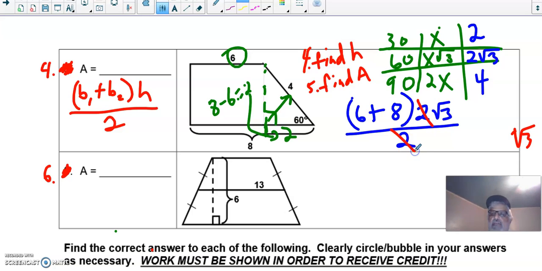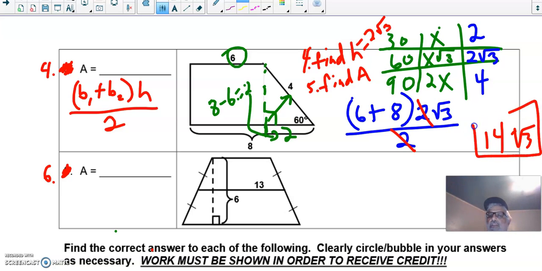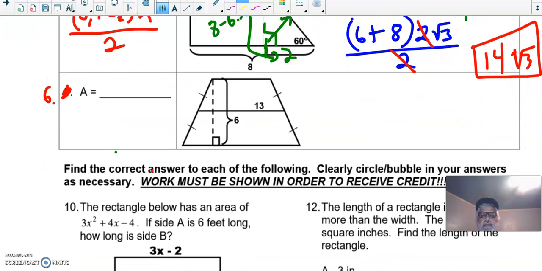My 2's cancel. So I'm left with this 6 plus 8, which happens to be 14. And that's the area. So in number 4, we found h, which was 2 square root of 3. On number 5, we had to find the area, which is 14 square root of 3. And now we're ready for the last one, which is this.